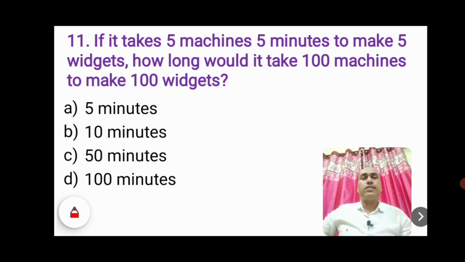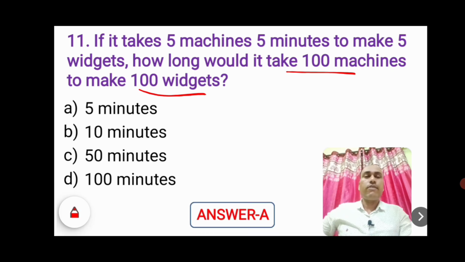If 5 machines take 5 minutes to make 5 widgets, then for how long will it take 100 machines to make 100 widgets? So the answer will be A, 5 minutes. You have to solve it on your rough paper.